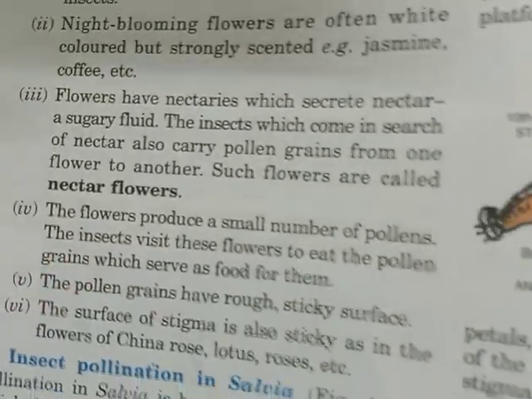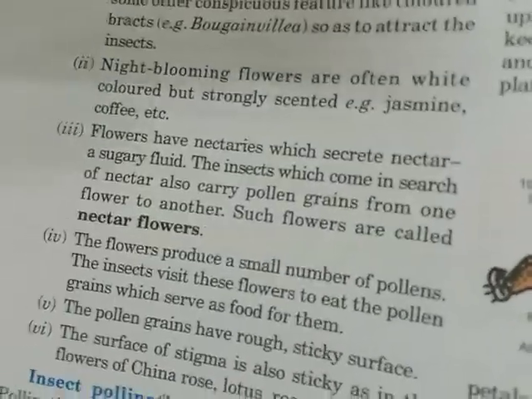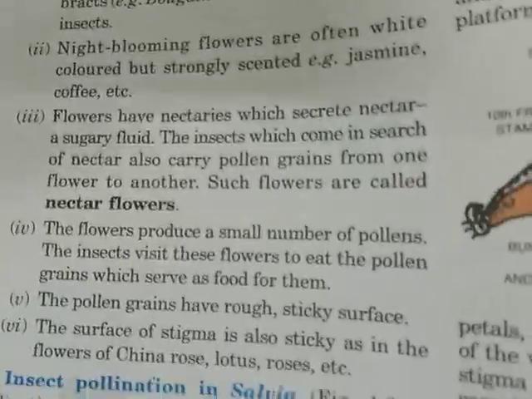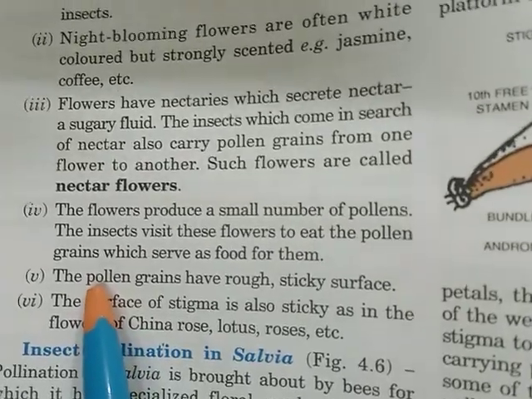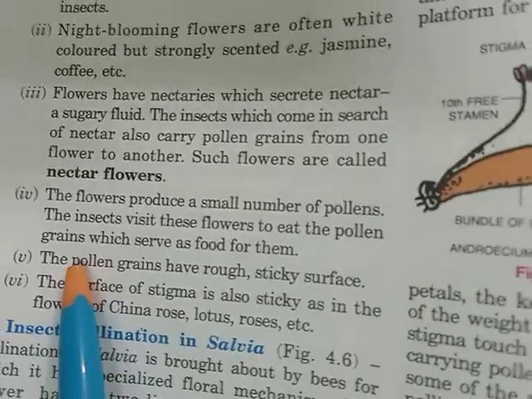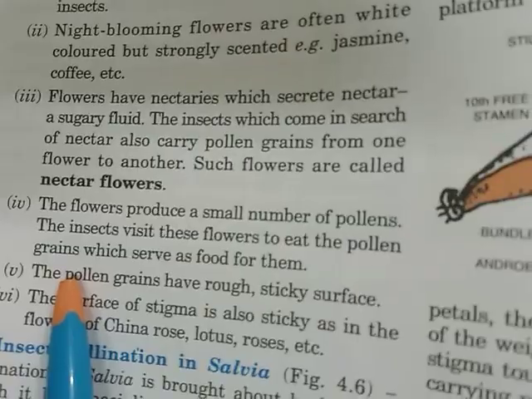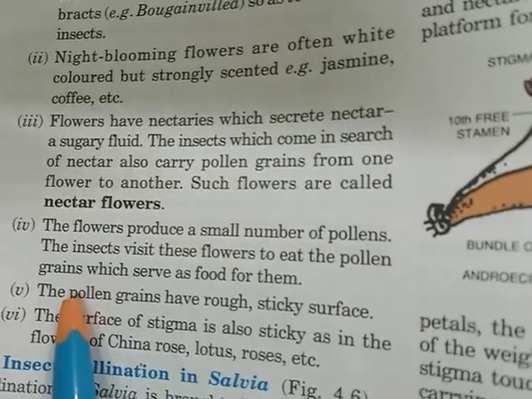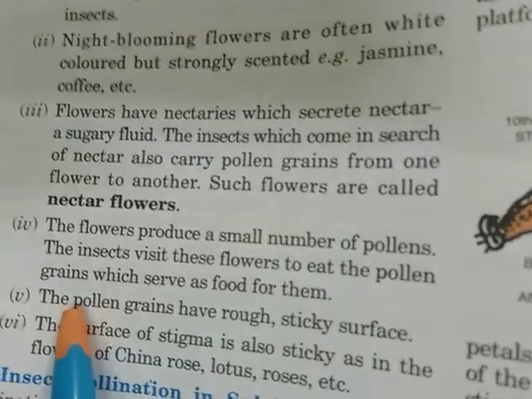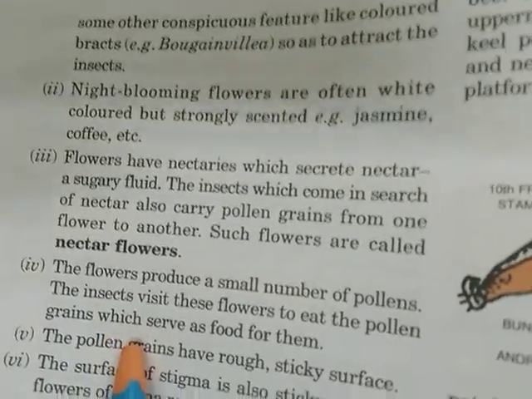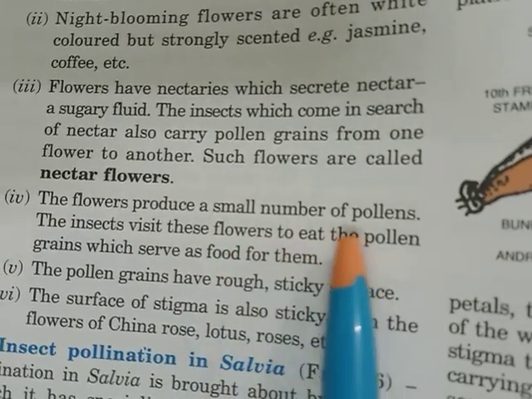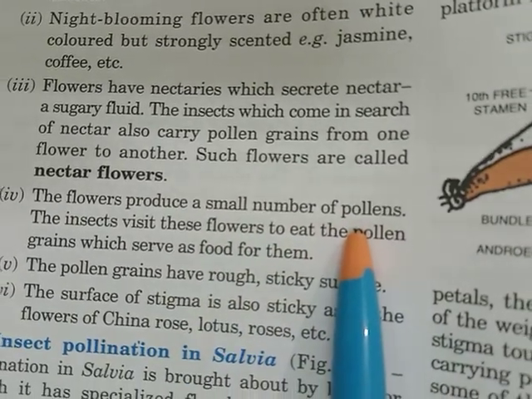We have seen in anemophily, flowers which are pollinated by wind produce a large amount of pollen grains, and the pollen grains are also very light in weight. They have wings so that they can be easily blown away by the wind. But here in entomophily, the pollen grains are produced in a small amount.